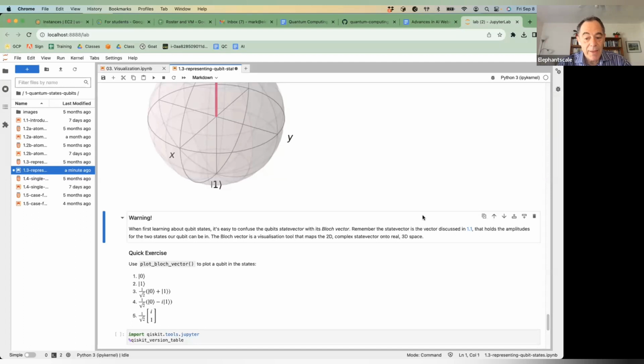Okay. Now I'm doing this. I'm saying use this amazing notation. How about that? And I give you the state, you give me the what? Theta and phi.